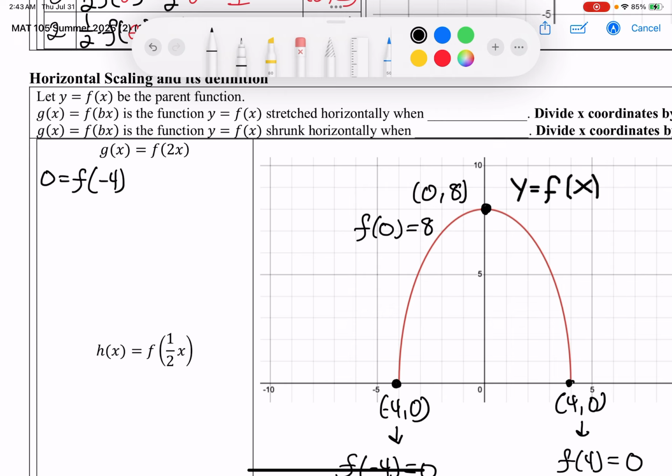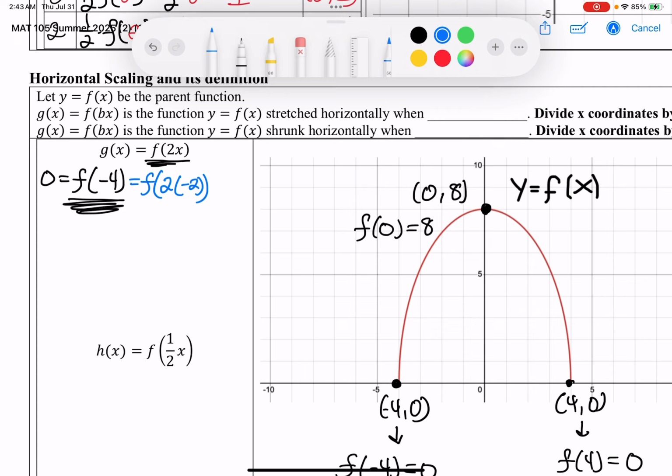I kind of want to rewrite my f of negative 4 to match f of 2x. So watch this. I'm going to rewrite this as f of, instead of having negative 4, I'm going to write it as 2 times negative 2 on the inside, because 2 times negative 2 is negative 4. More importantly, we have it in the form of f of 2x.